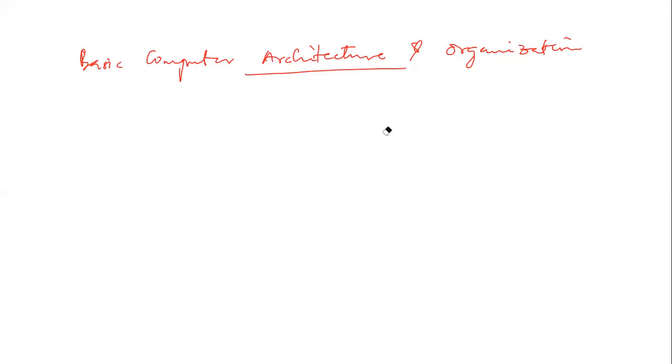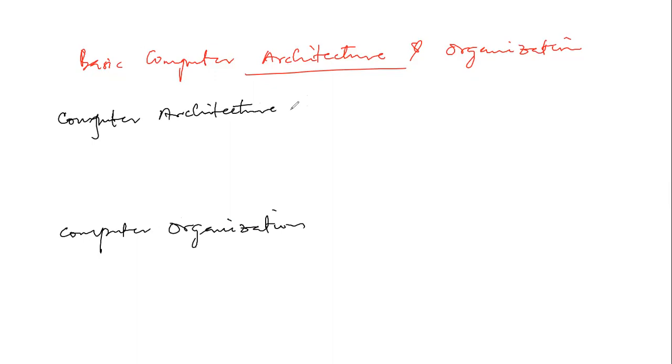Now, just to run through it quickly, okay, the computer architecture deals with the design of a computer. Let's put that down. Now, computer architecture, and then we have computer organization.